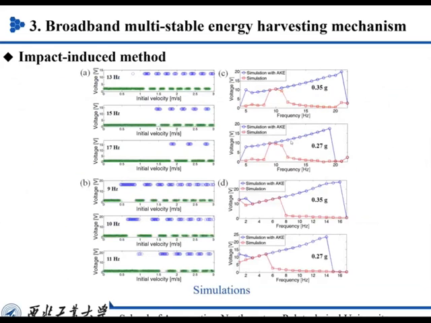Okay, so this is a simulation. In simulation, we just change the initial velocity. If we change the initial velocity and keep the initial displacement and the initial voltage at 0, we can find that for different initial velocities, the harvester may work in the high orbit or the low orbit.